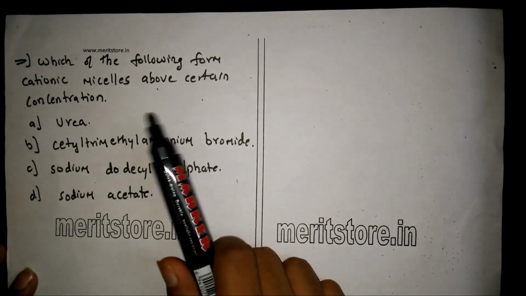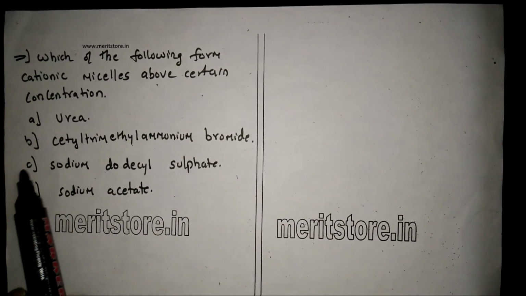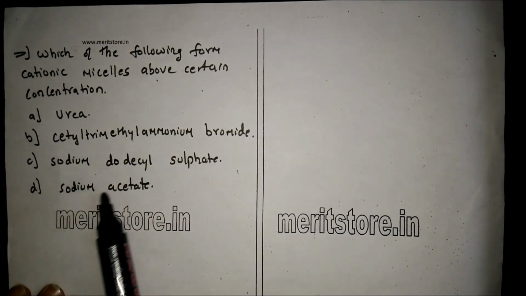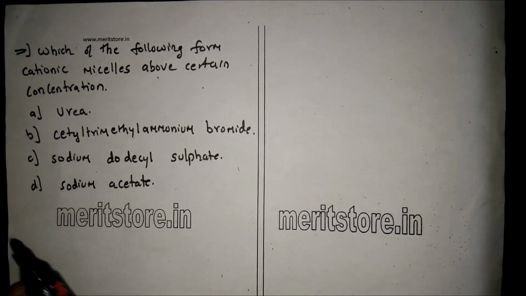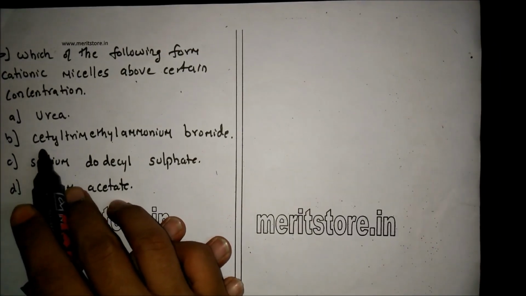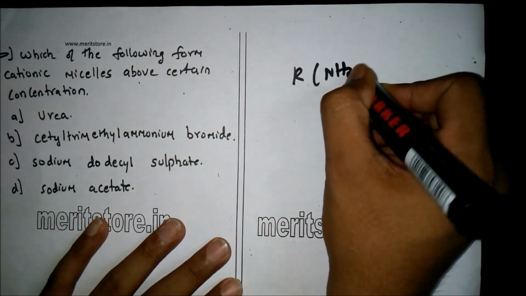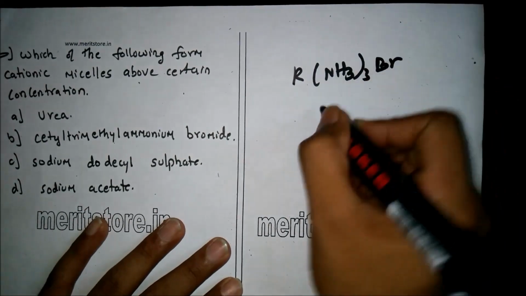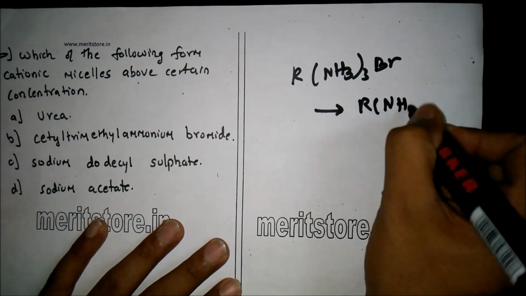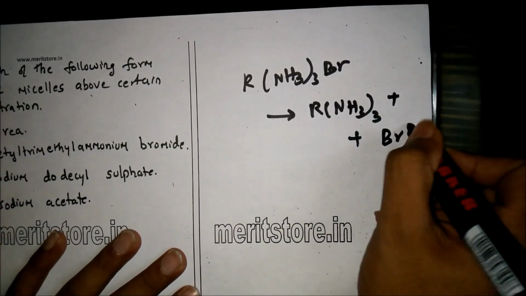Which of the following forms cationic micelles above a certain concentration? A, urea; B, cetyl trimethyl ammonium bromide; C, sodium dodecyl sulfate; and D, sodium acetate. Now here, cetyl or alkyl trimethyl ammonium bromide gives RNH3+ Br-, which aggregates to form RNH3+ and Br-.